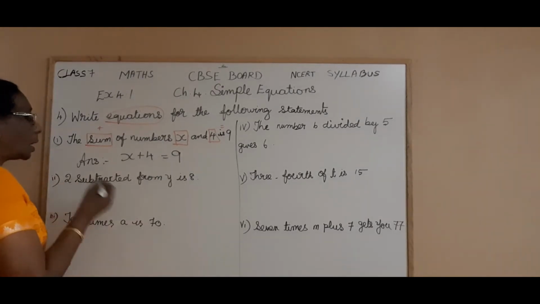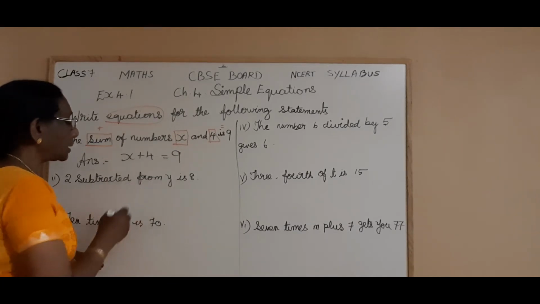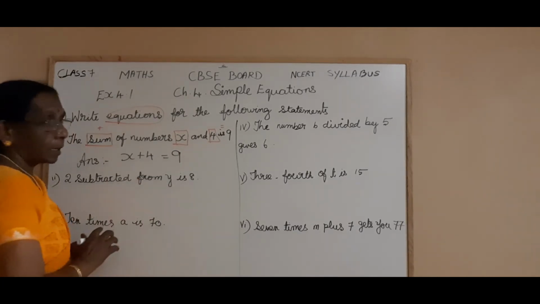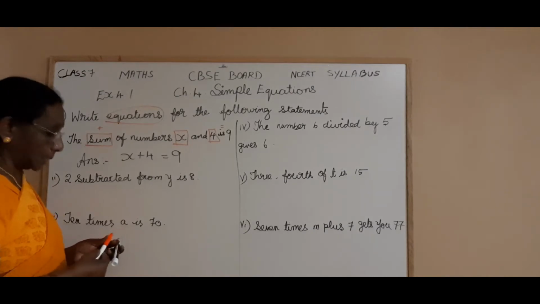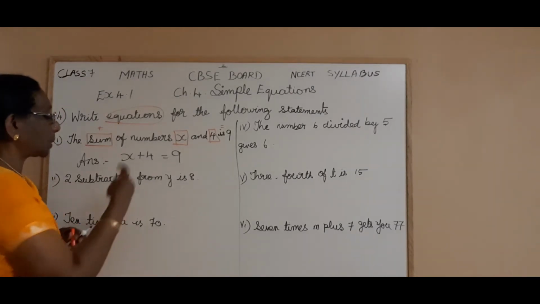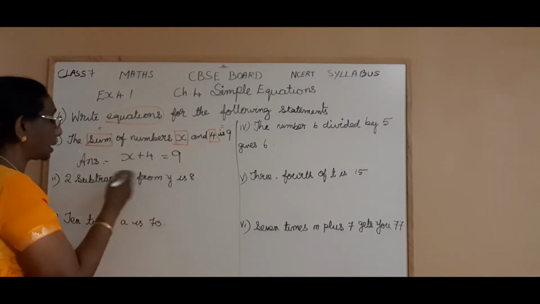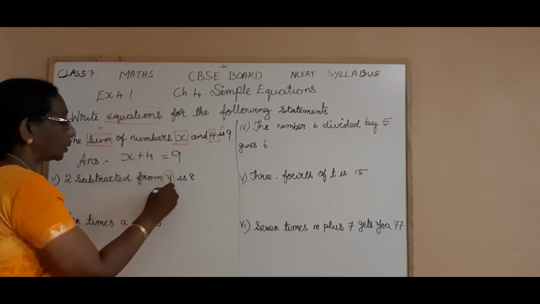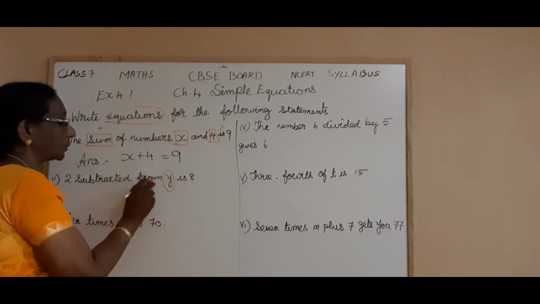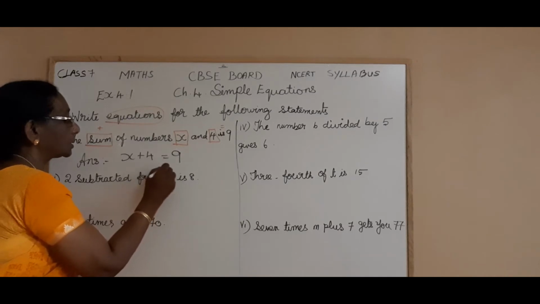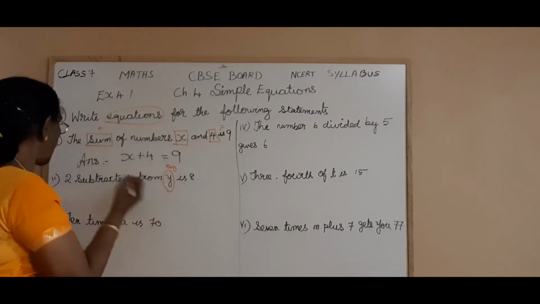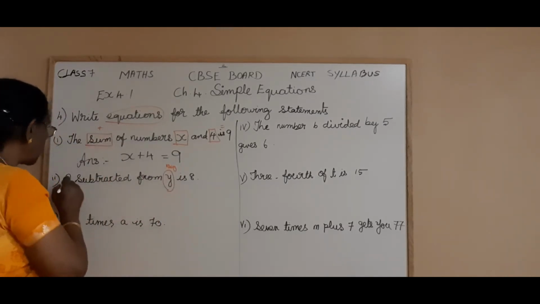Okay. So how to select the big number? After the word from, whatever number comes, that is the big number. So this from separates the big number and the small number. After the word from, what comes? The y. So this is the big number. And before, what is subtracted? 2.